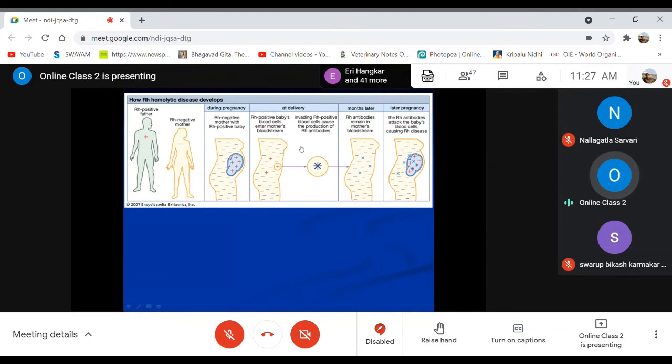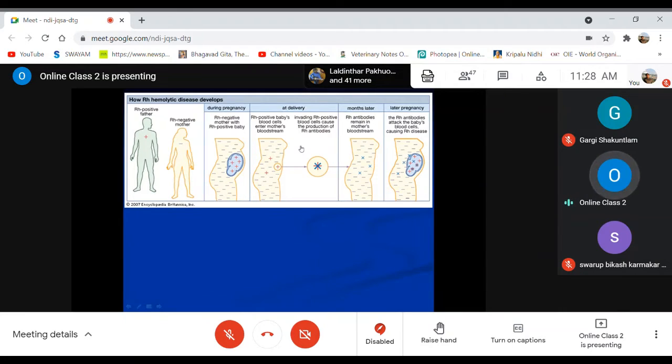When the newborn animal, mostly foals, as I was giving the example, sucks the colostrum which contains that antibody, it will cause severe hemolytic anemia and ultimately icterus. In humans there is direct death of the fetus, or if not, severe hemolytic anemia leading to icterus, even cardiac tears, brain damage, and it will not survive longer.